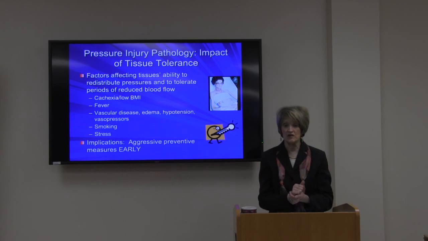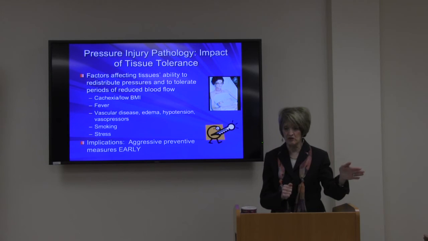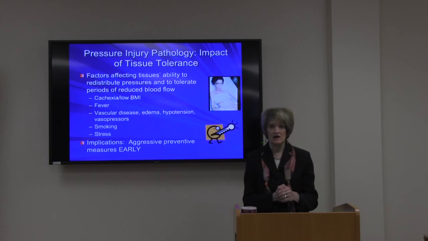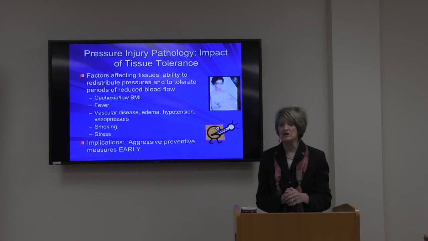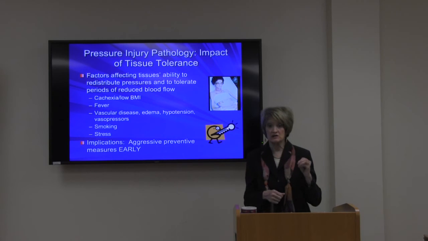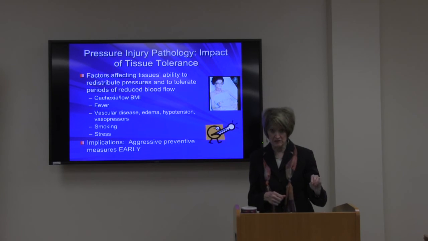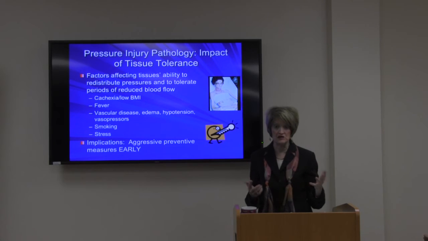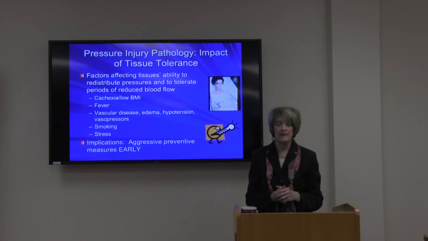So you know that you might have two patients in an ICU, bed 1, bed 2. And one patient might be much more susceptible to pressure injury than the other. Even if they're the same age, the same gender, maybe they have much of the same pathology going on.